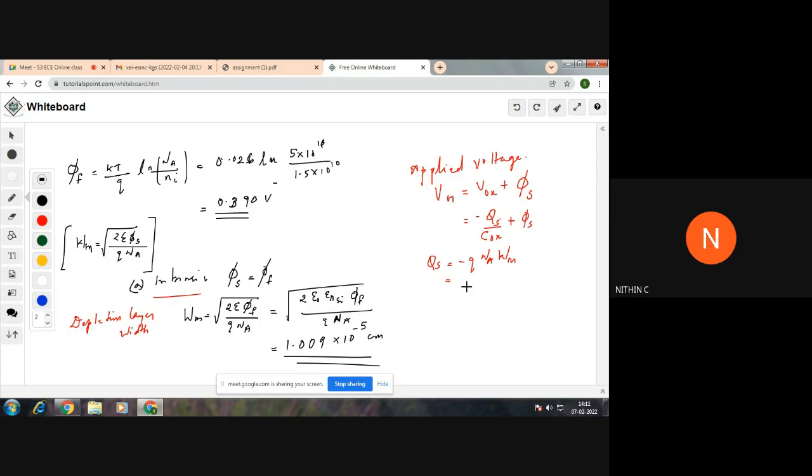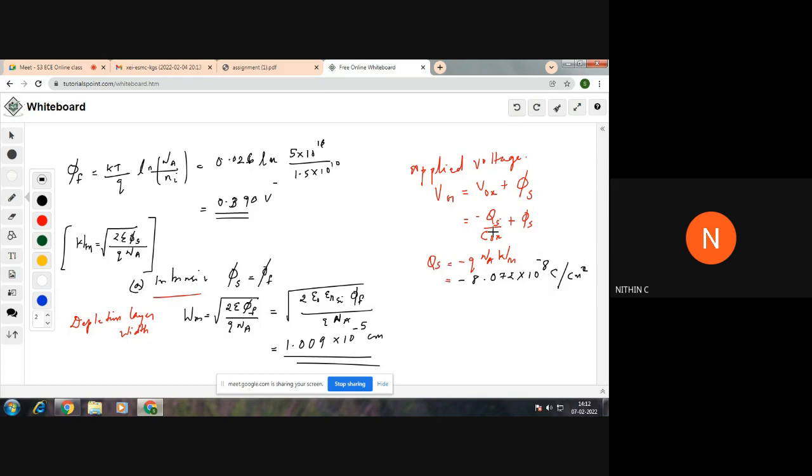Yes, the negative sign will be there, so it will be minus 8.072 into 10 raised to minus 8. What will be the unit for this? Coulomb per centimeter square. Coulomb per centimeter square will be the unit for charge density.